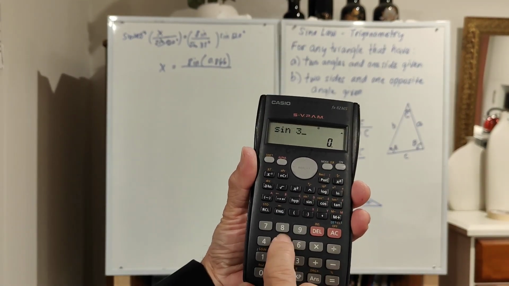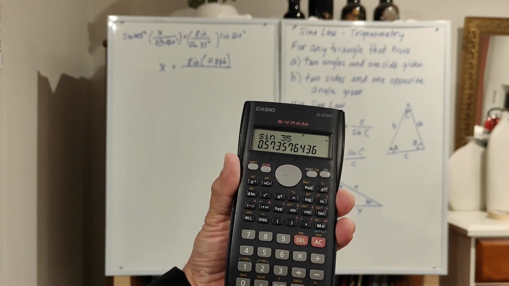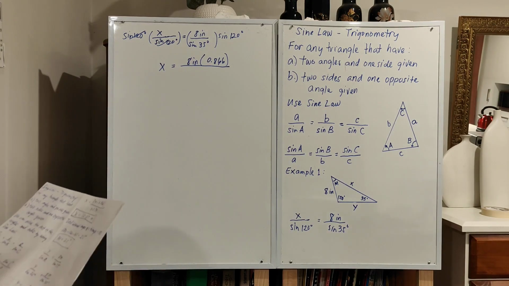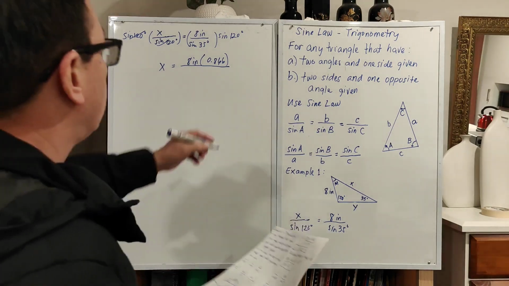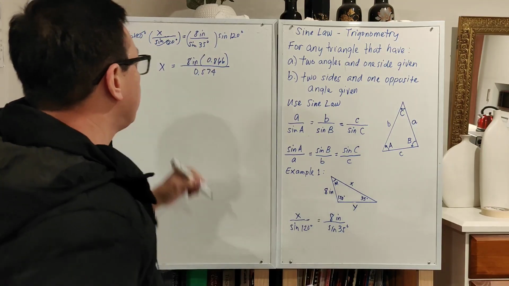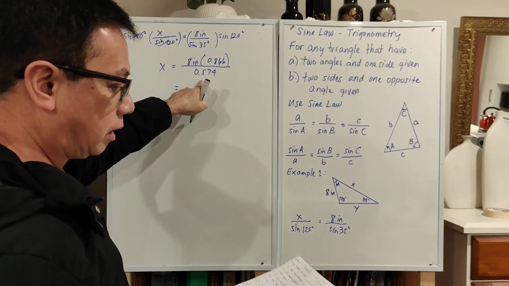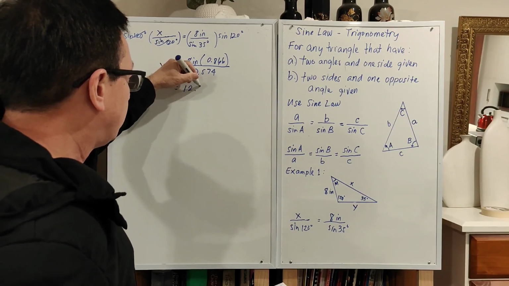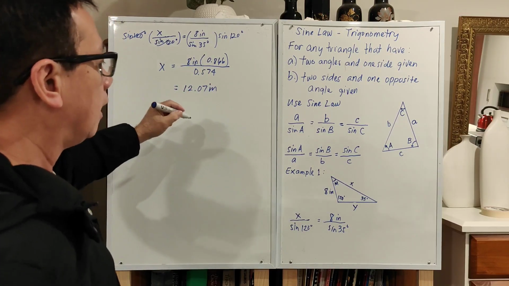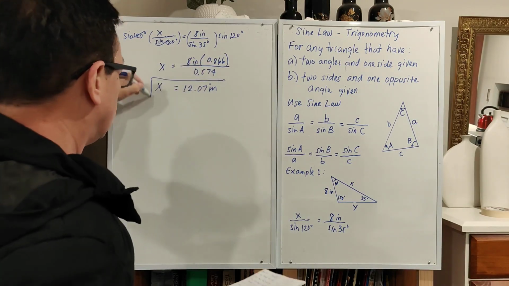Sine of 35 degrees is equal to 0.573 something, so we can round it up to 0.574. Now if you multiply this to this one and divide it by this one, the answer will be 12.07 inches. So this is your answer.